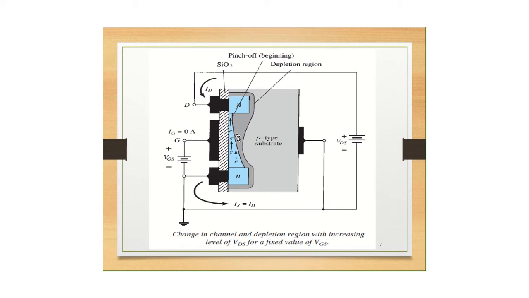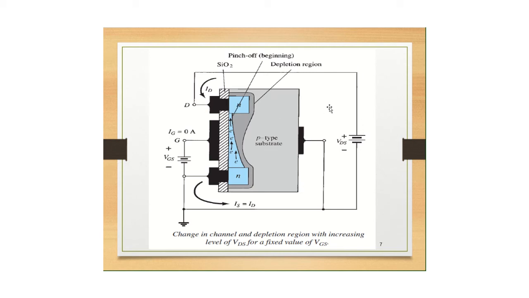Now, if we hold VGS constant, and you're increasing VDS, you're increasing the voltage applied to drain and source. Now, what happens? The drain current will eventually reach saturation level at one point.